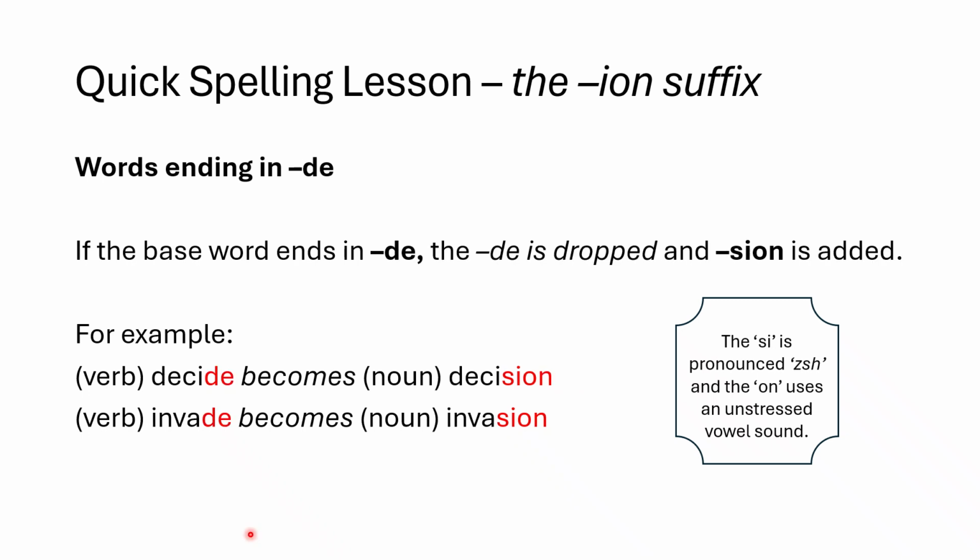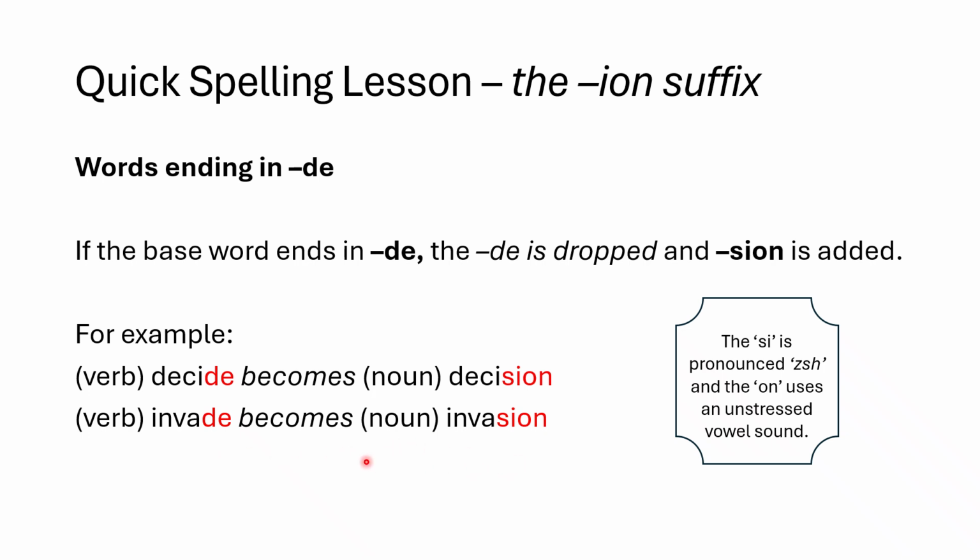If the base word ends in DE, the DE is dropped and SION is added. For example, the verb decide becomes the noun decision. The verb invade becomes the noun invasion.